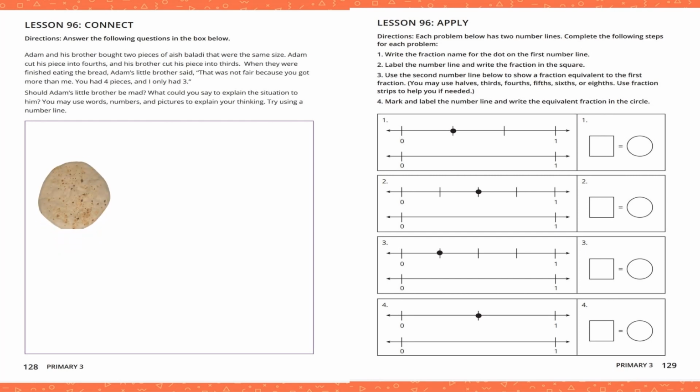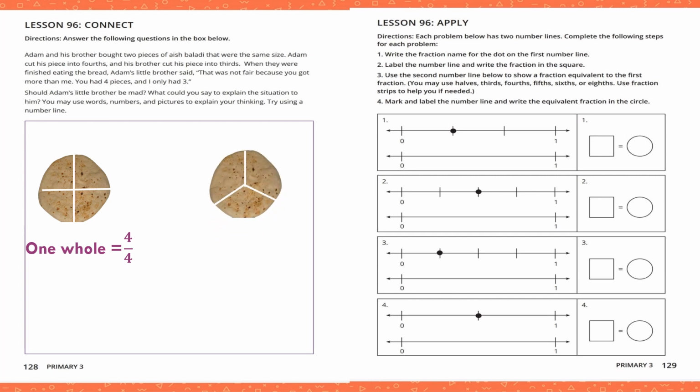So they have the same amount, which is 1 whole. But Adam cut his bread into fourths, which is 4 over 4. And his brother cut his bread into thirds, which is 3 over 3.